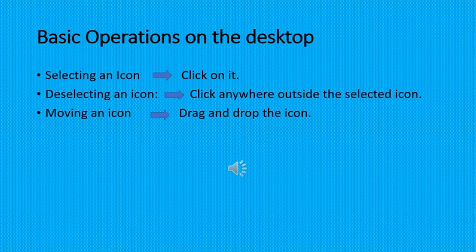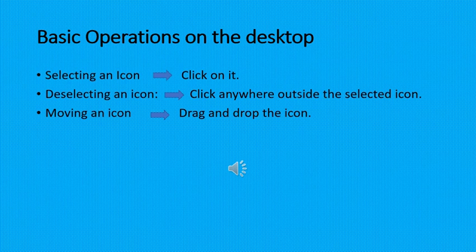Now let us move to some basic operations on the desktop. First one, selecting and deselecting an icon. To select an icon, click on it. Clicking means just press the left mouse button once. That is, for selecting an icon, just point to the icon with your mouse, and after that just press the left mouse button once.